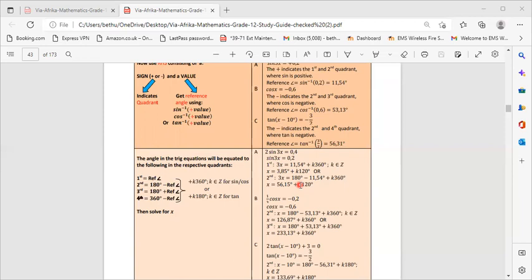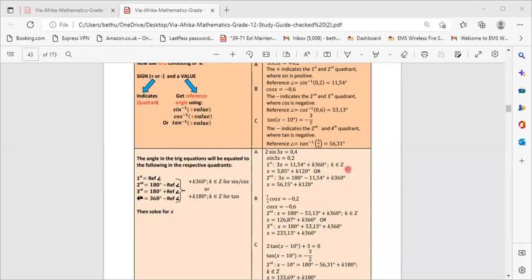So first we're going to focus on the first quadrant, and then later the second quadrant. Let's start. First quadrant, what do we have? 3x is equal to 11.54. Remember, 11.54 is our reference angle, plus k times 360 degrees, k an element of the integers.